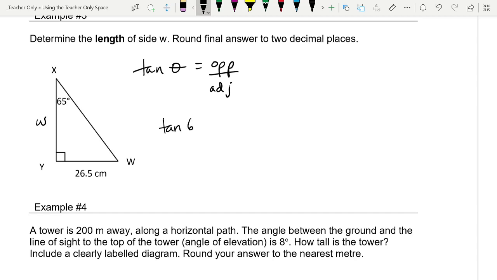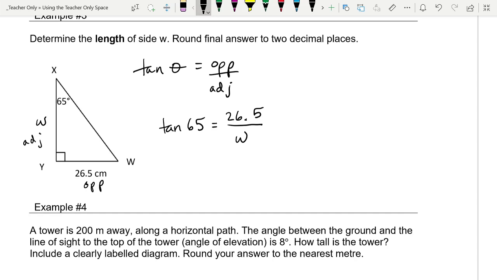It's 65 degrees. And I don't have to call it the opposite side. Which of these two things is opposite to 65 degrees? The bottom one, the one where I know the number, 26.5. The adjacent side this time, this one's the opposite, this one's the adjacent. That one's my W.